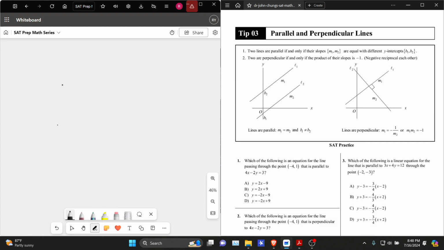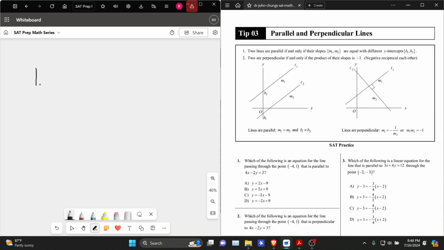And for perpendicular, m2 has to equal -1 over m1. So the perpendicular slope to m1 is -1 over m1, which is just the negative reciprocal. You can also think of it as m1 times m2 is equal to -1, and that's how you tell if they are perpendicular.